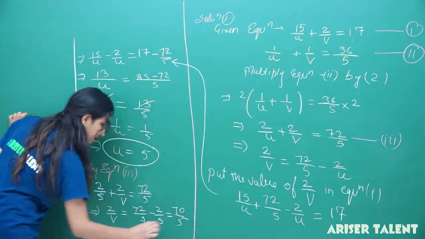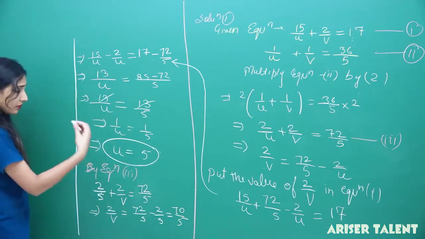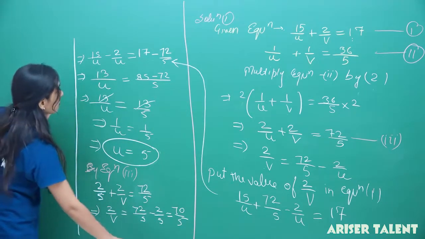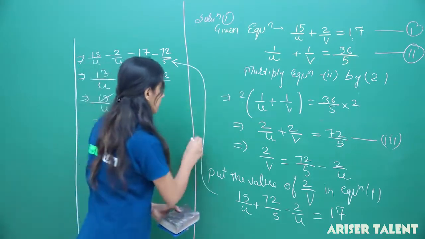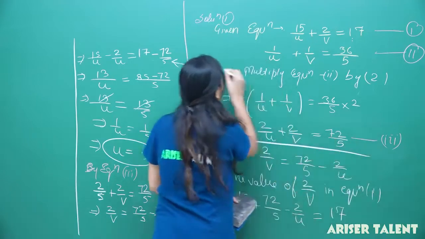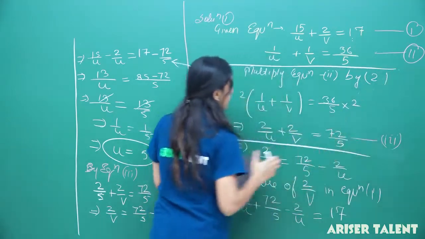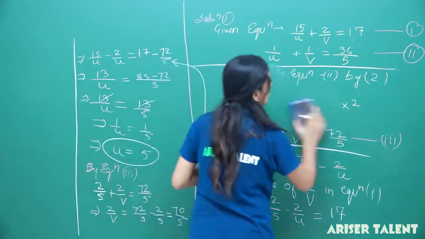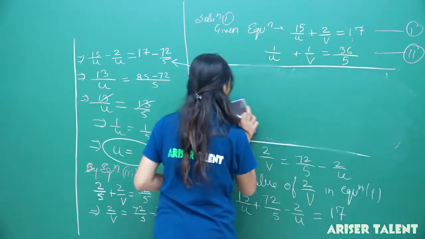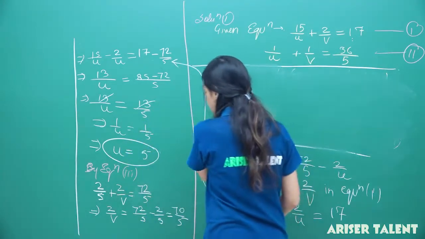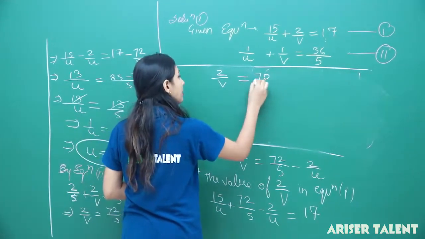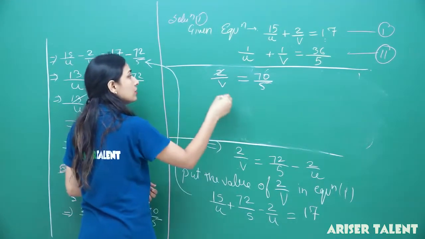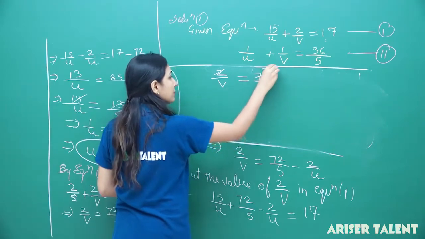by 5. Right? Okay, so, can I rub this portion? So it is 2 by V equals to 70 by 5. Now, this 2 will cut this 35 times.